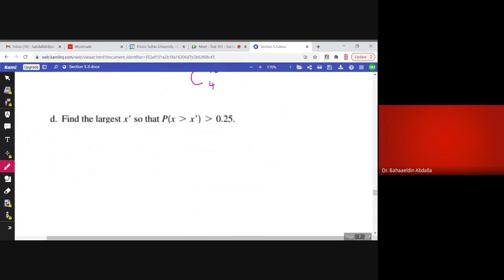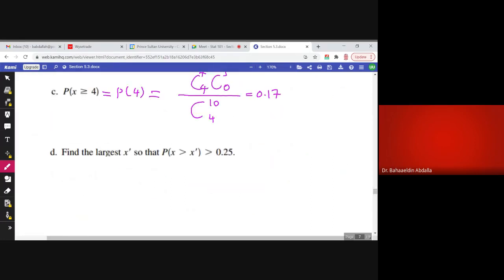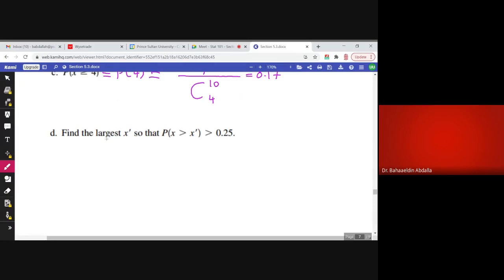Another example, another part: find the largest x prime. We have seen a question like this in the Poisson distribution. Find the largest x prime so that the probability of x greater than x prime is greater than 0.25. Okay, we need the largest. We have x from 0 to 4.